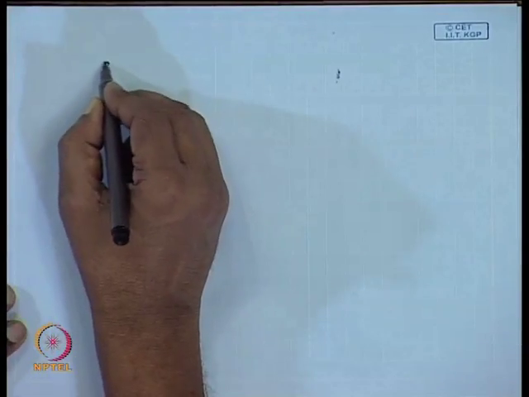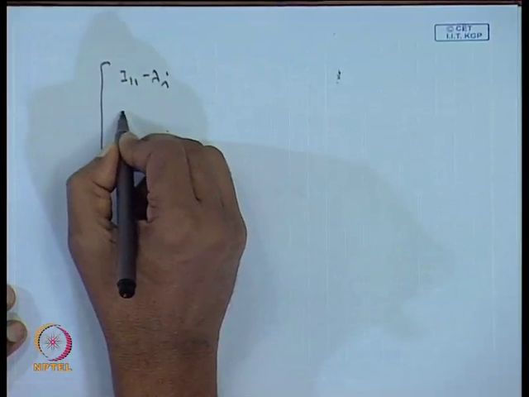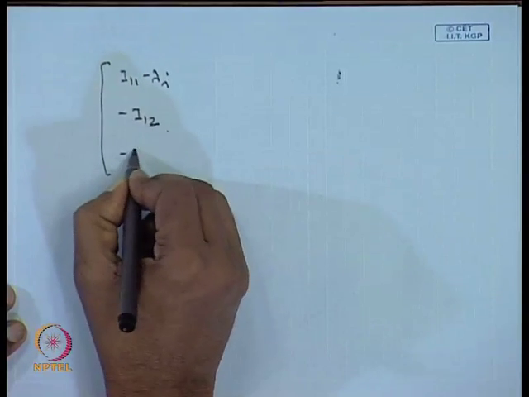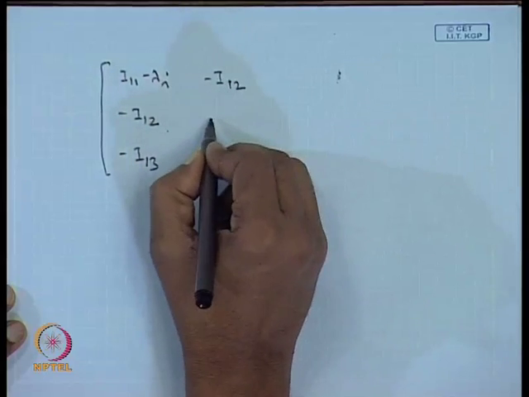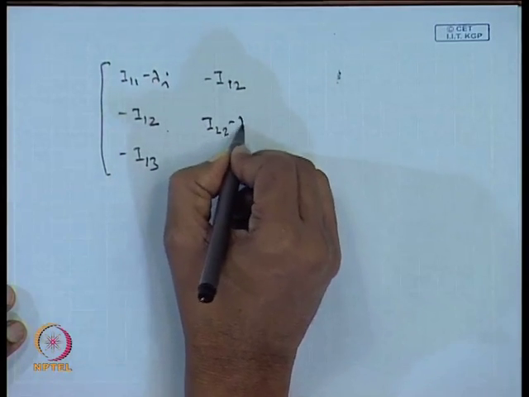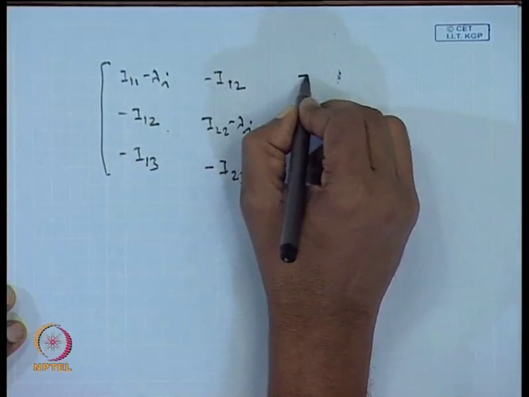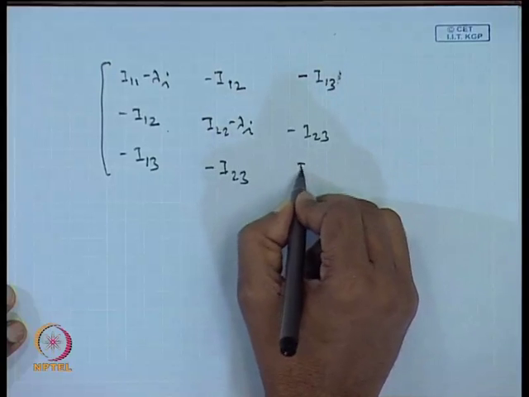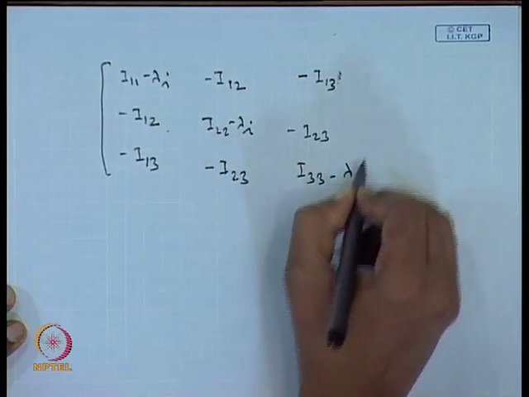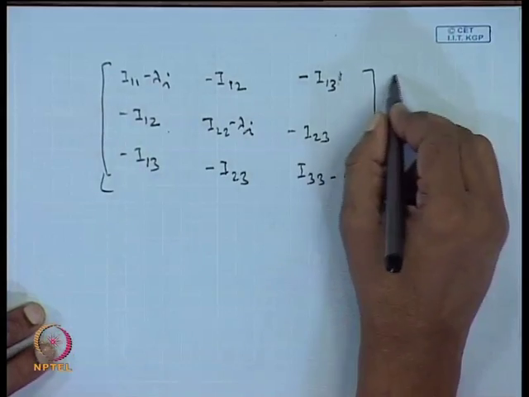So, the matrix that we have used is I 1 1 minus lambda, minus I 1 2, minus I 1 3, and so on.